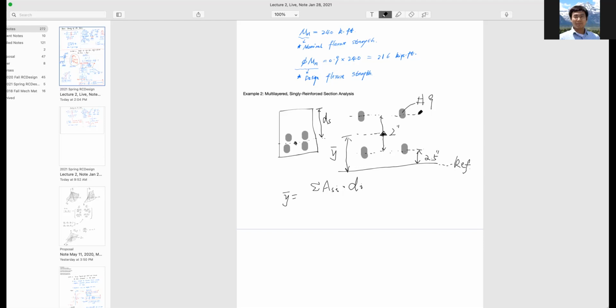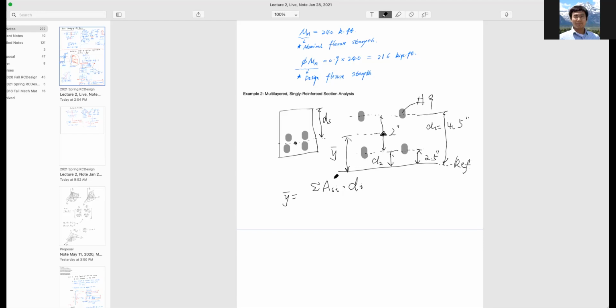So for example, the first row, D1, would equal what? This is the distance here. D1 in this case equals 2 plus 2.5, so this is 4.5 inch. And D2, which is the second row here, is essentially 2.5.